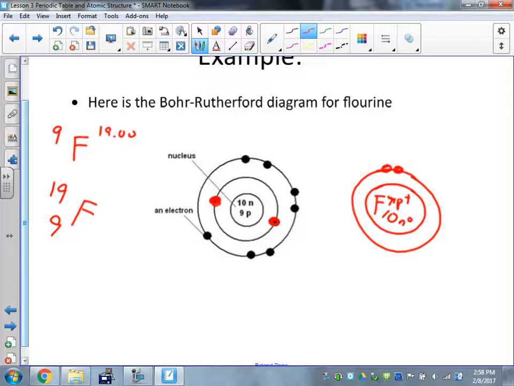In the second energy level, how many can you have? What's the maximum number? 8. Do we need 8 in this one? How many more electrons do I need to put in there to get my total of 9, right? Because 9 positives, 9 negatives. I already used 2, so, Britton, how many more?